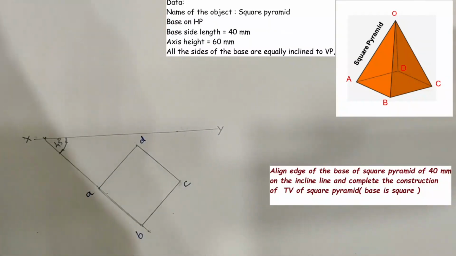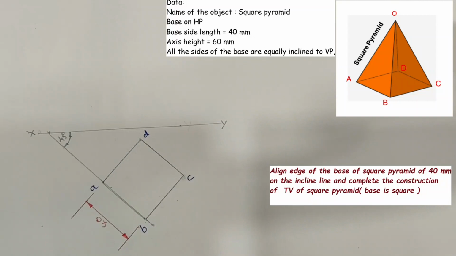Here, the sides of the base of the square pyramid, say AB, BC, CD and DA, are making equal inclination to the vertical plane. That is, all the sides of the base of the square pyramid are making an angle of 45 degrees to the vertical plane.